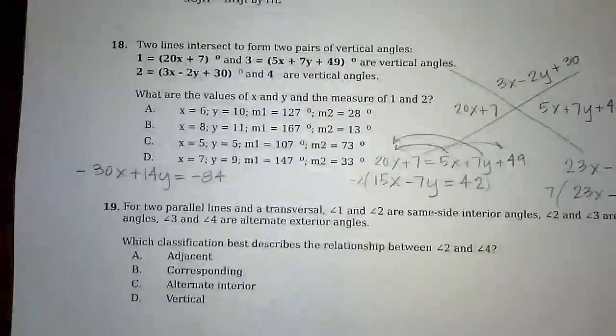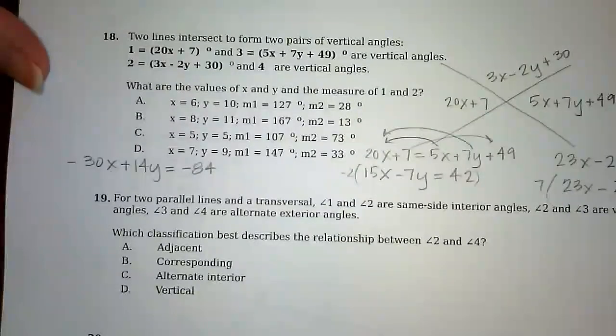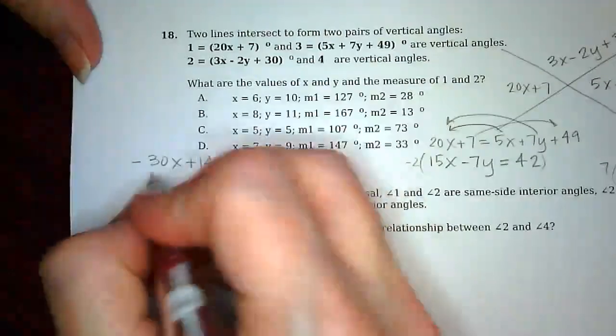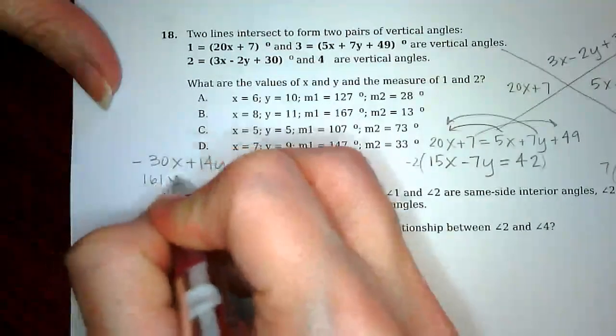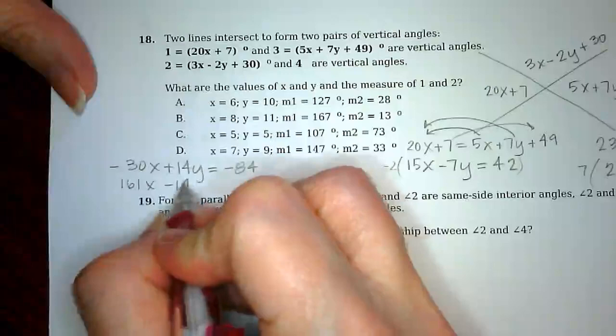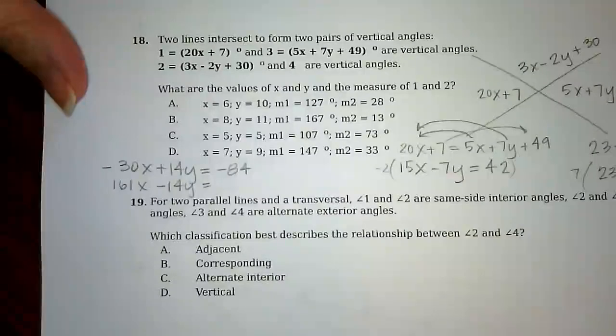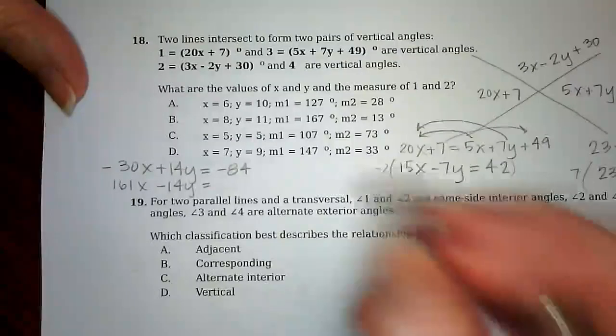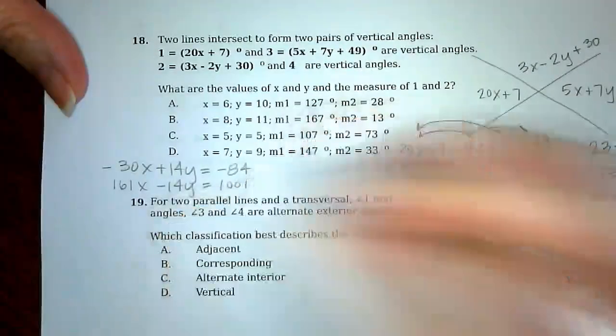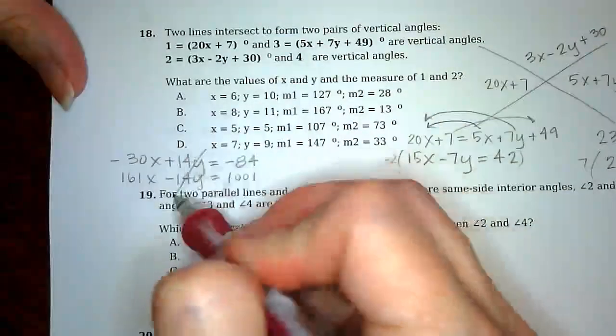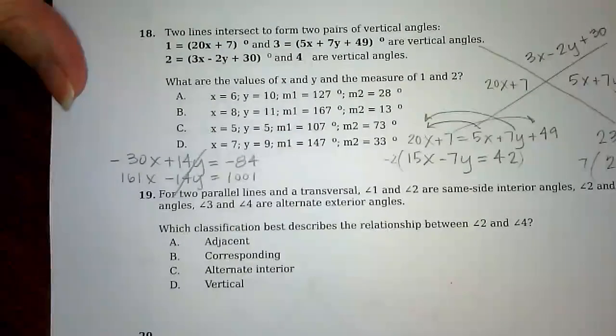And then if we multiply this one by 7, that would be 161x minus 14y equals, well, let me multiply that out, 1001. So combine those together, the y's are gone.